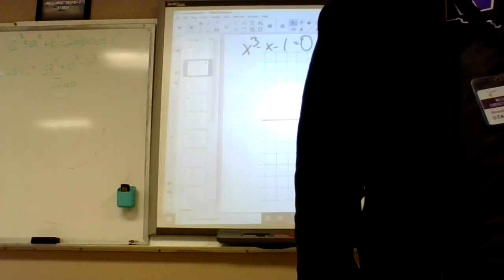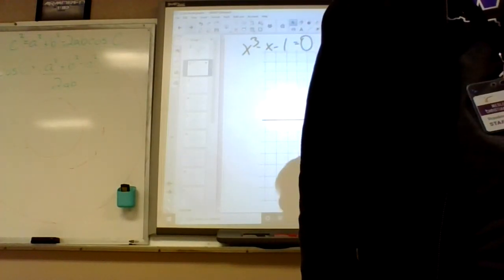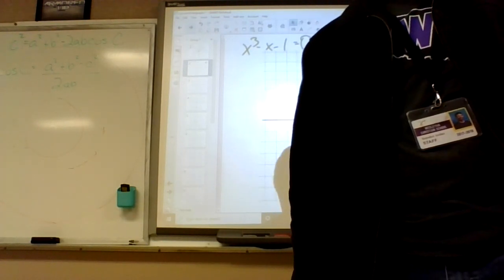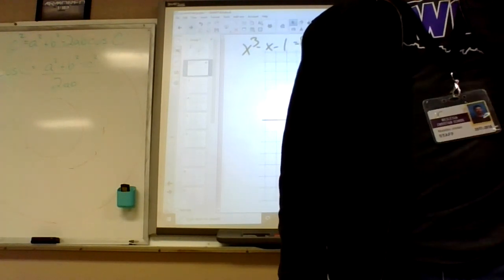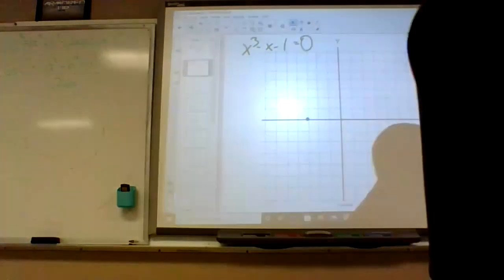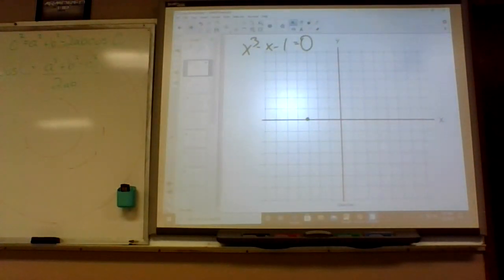On 16, if the absolute value of x equals that, you have to do a plus and a minus. So that's two answers. Yeah, it could be positive or negative.